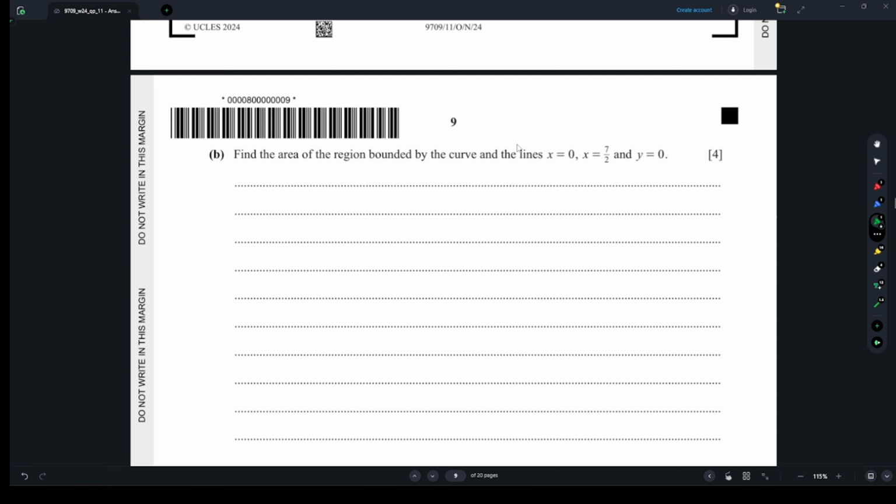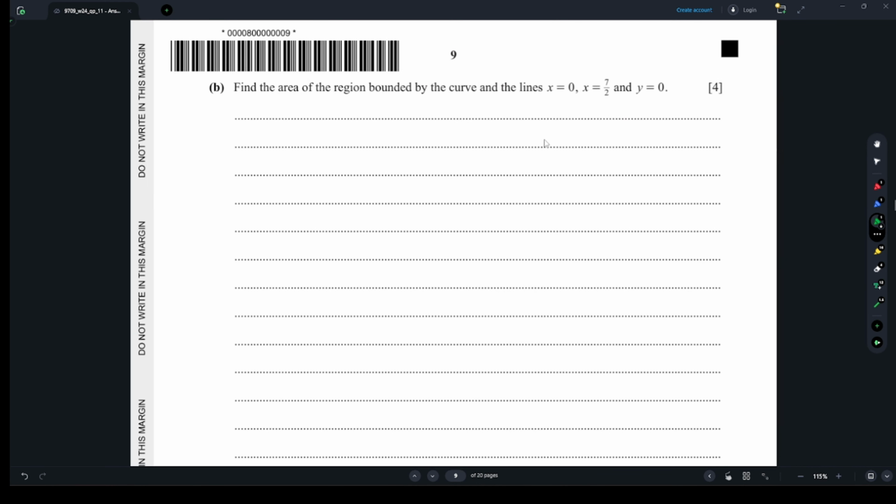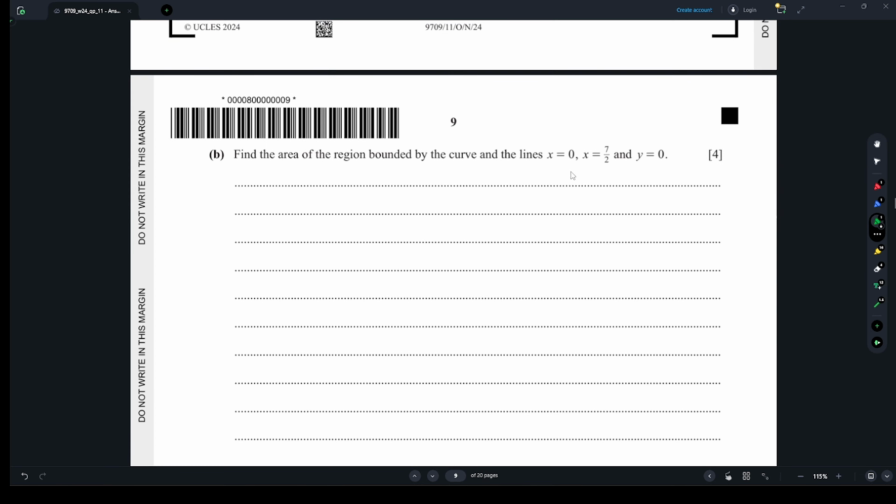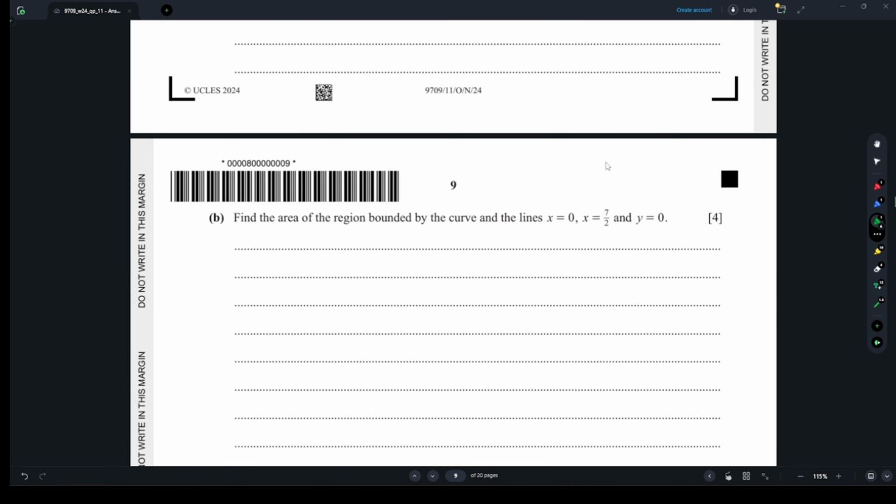Okay, and then part B, they are asking to find the area, right? Find the area bounded by the curve and the line of this one. So x equals 0, x equals this one.